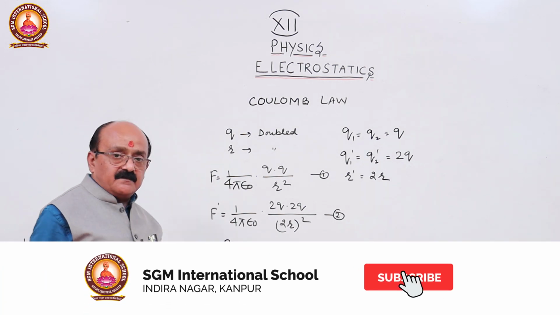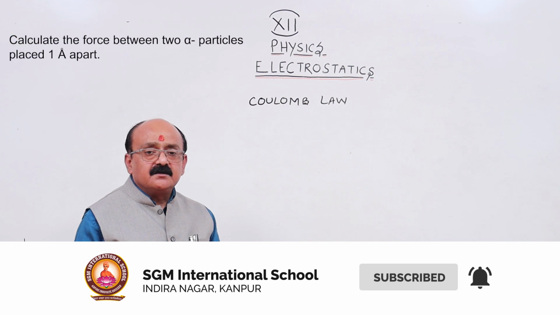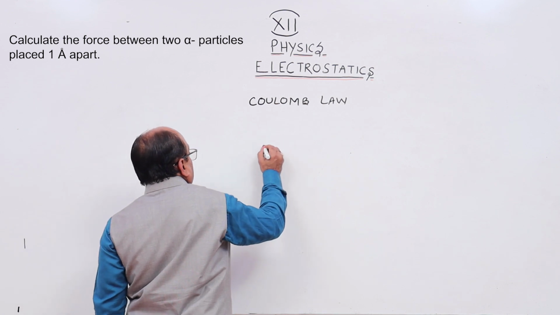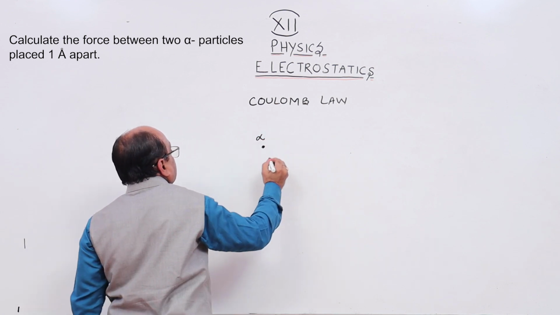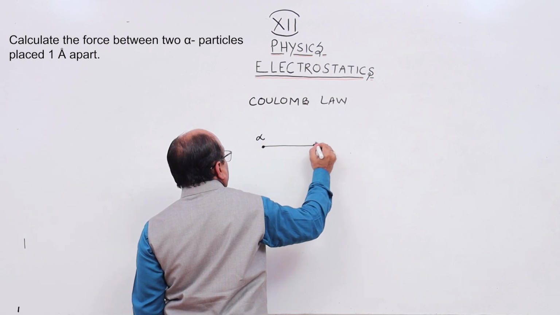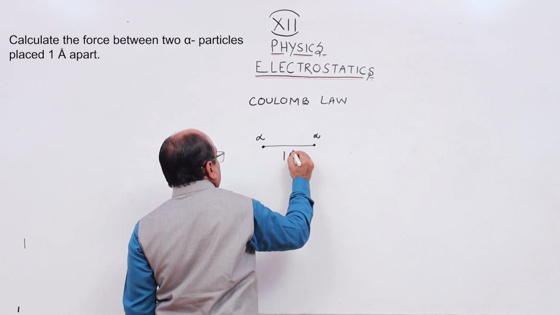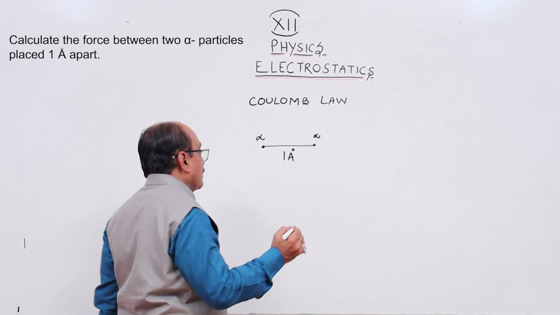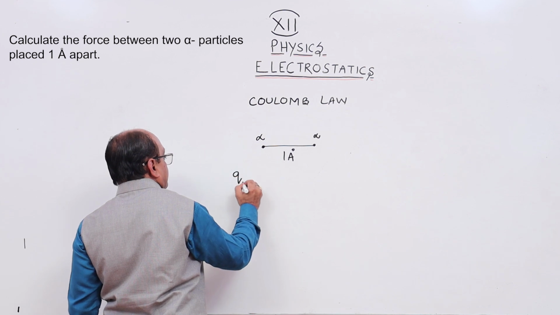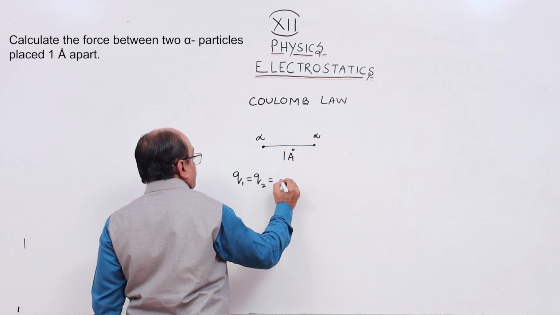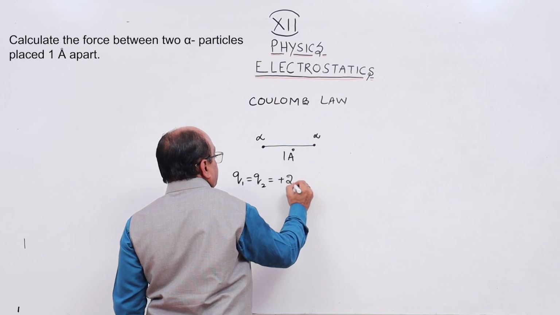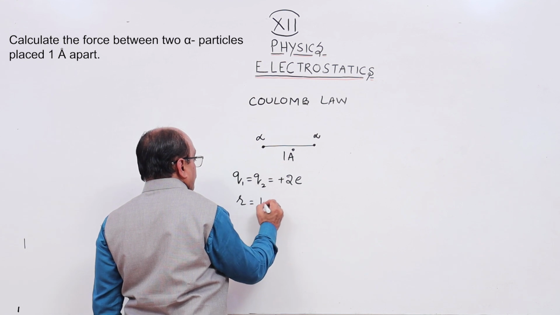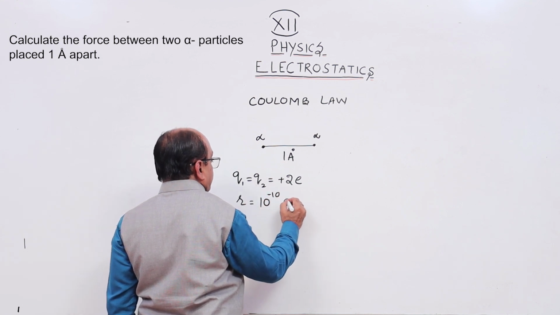Now, the second one. Calculate the force between two alpha particles. Do you know alpha particles? Placed at 1 angstrom apart. This is our question. Now, both charges are same. Q1 is equal to Q2 is equal to the charge on an alpha particle, which is plus 2e. The distance is 1 angstrom, and 1 angstrom is 10 to the power minus 10 meter.